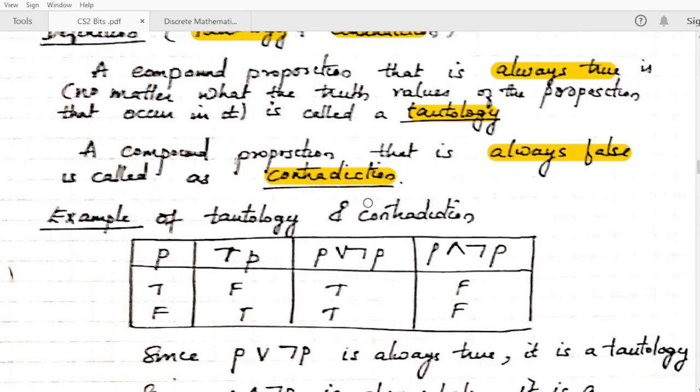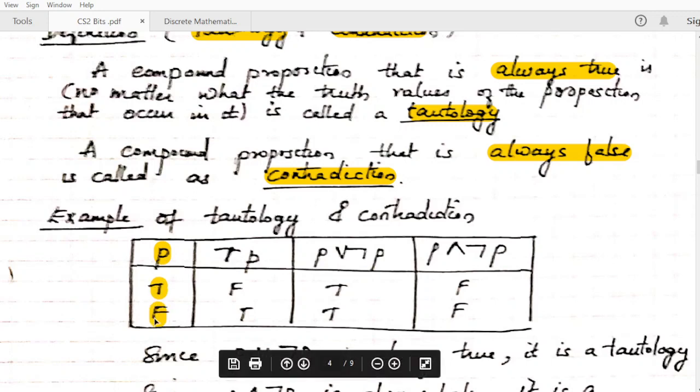Now we have examples of tautology and contradiction. First, let us consider a proposition P. If we have a proposition P, there are two possibilities: it can be either true or false.